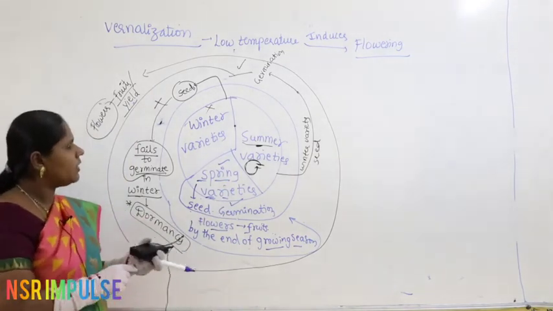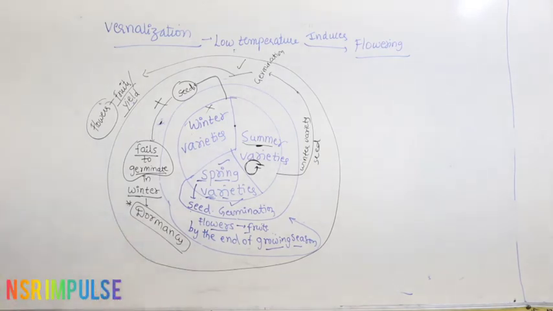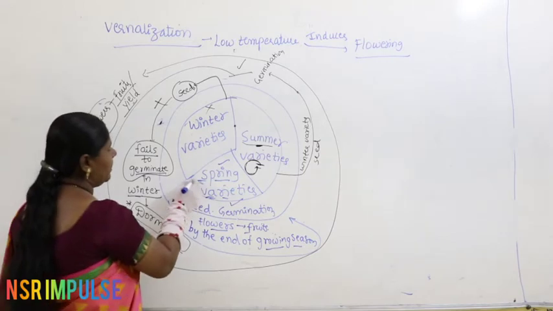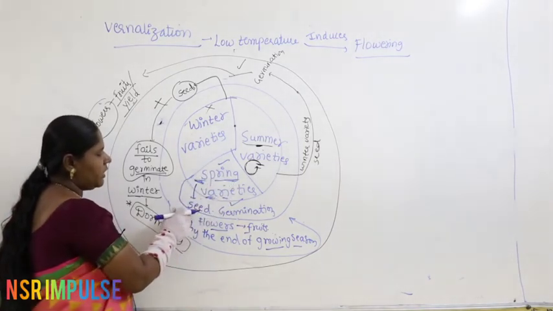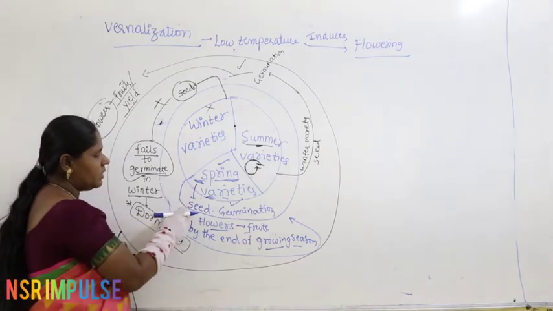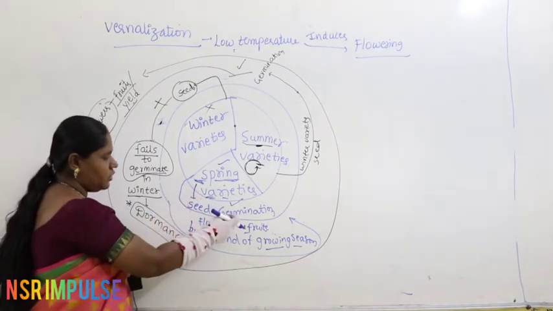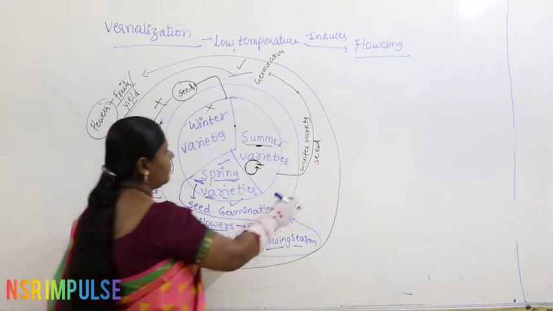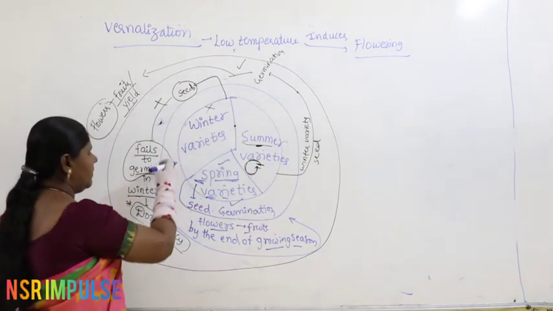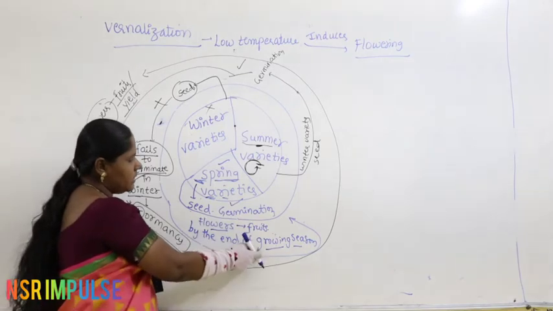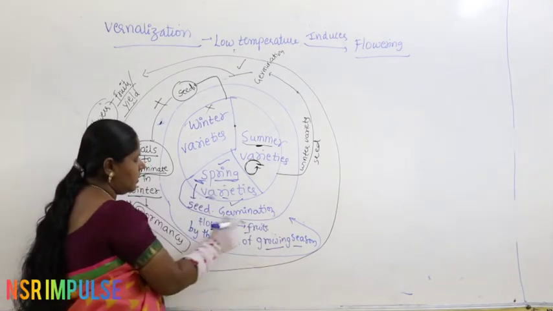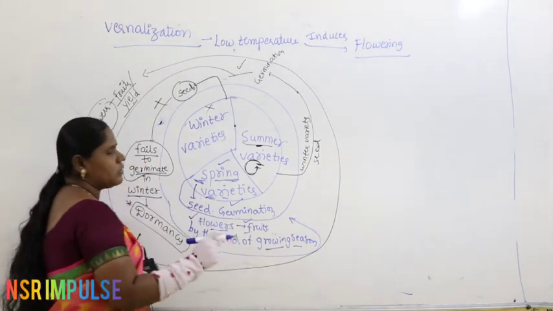Okay, so I repeat again. Spring varieties. When you keep the seed in the spring season, they will undergo germination and they have to wait for one more year. By the next year's spring season, by the end of the growing season, flowers will come, fruits will come.